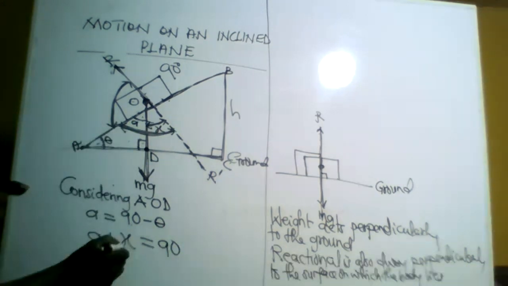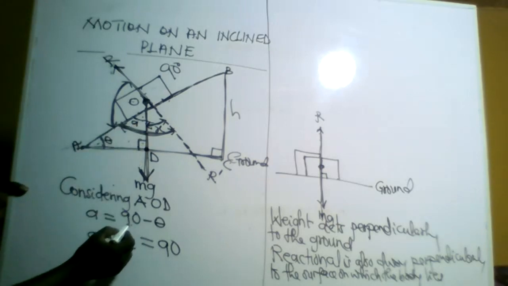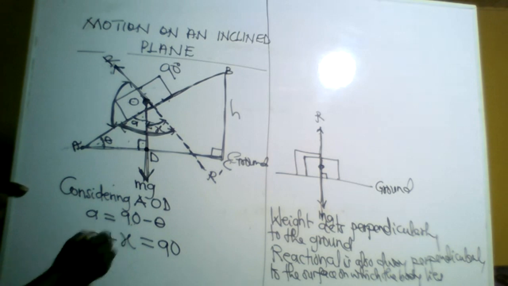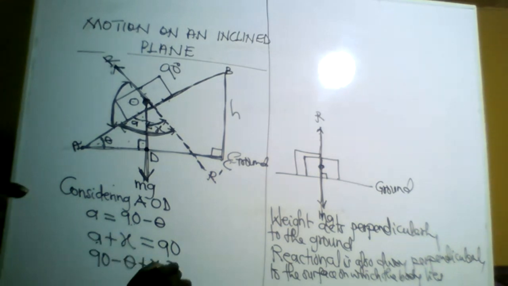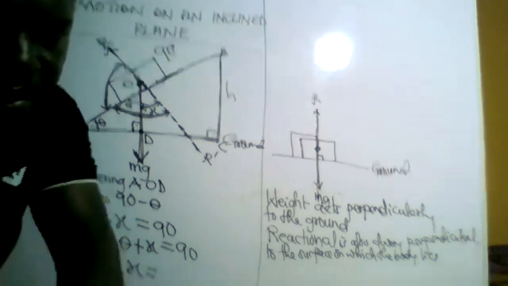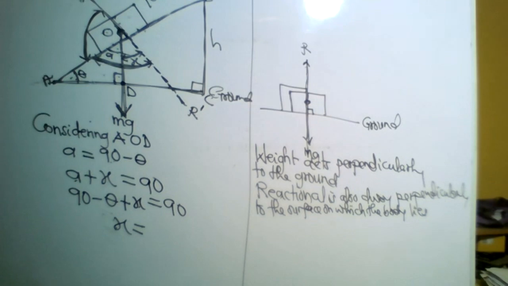And we realize that angle A will be equal to 90 minus theta. So if A is 90 minus theta, plus X, this is equal to 90. What will be X? Help me find the value of this angle X. Theta.